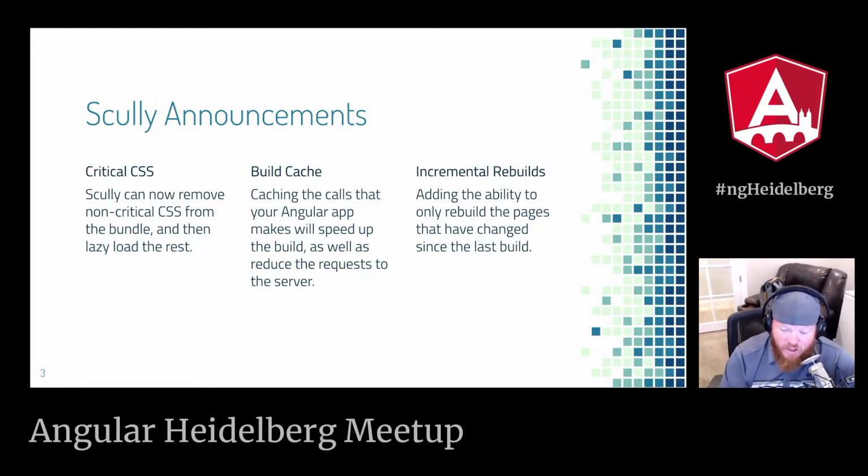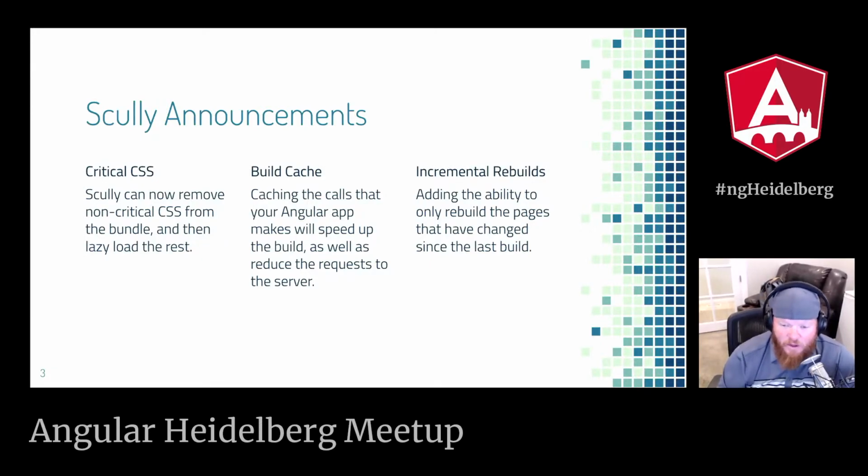Every time you do a build, you're going to hit your server 5,000 times. That can slow it down, and that can also cost you money, especially if you're pointing at your prod servers, that can be expensive or dangerous to get that many requests on your server. So build cache will allow you to cache the calls to the server after your first build, so that rebuilds don't cost you anything and they don't tax your production or staging or QA environments.